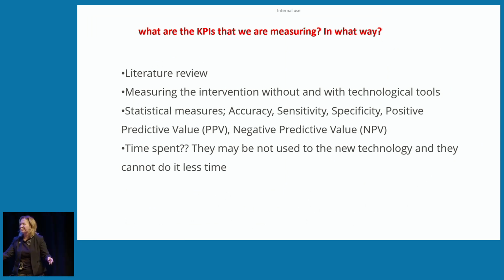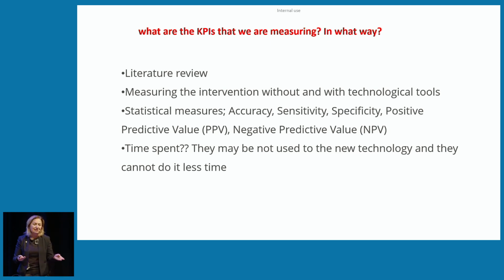For KPIs, we need to make a good literature review and measure the interventions without and with technological tools. It's not easy, but we can do it in iProcure. We will try. And statistical measures: in the literature, for time spent, we expect less time.